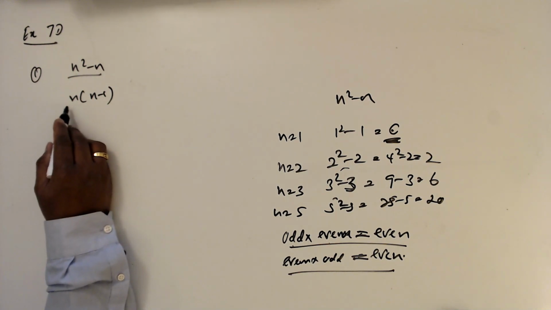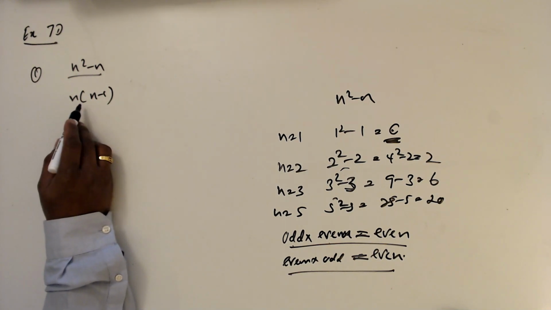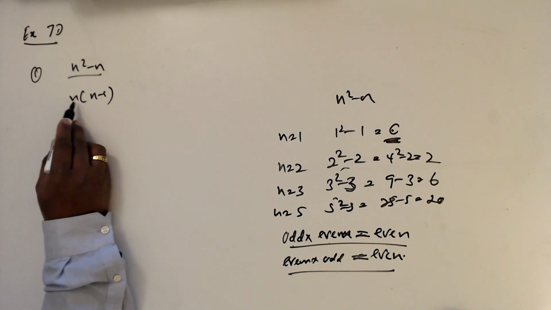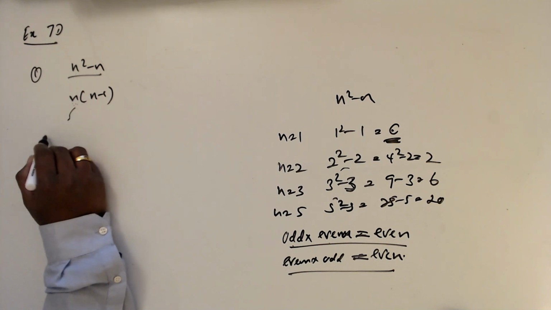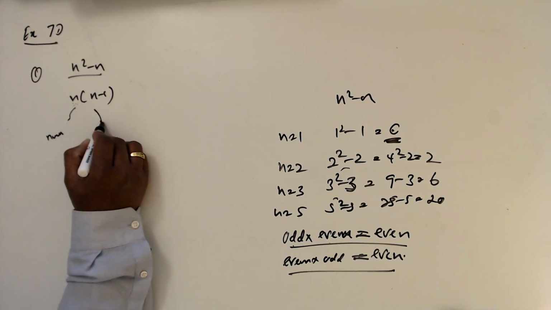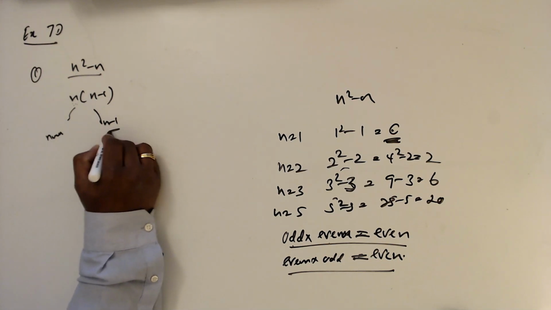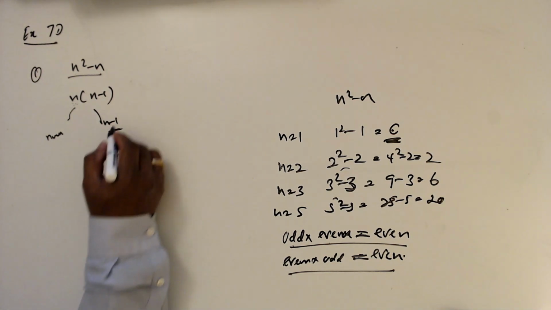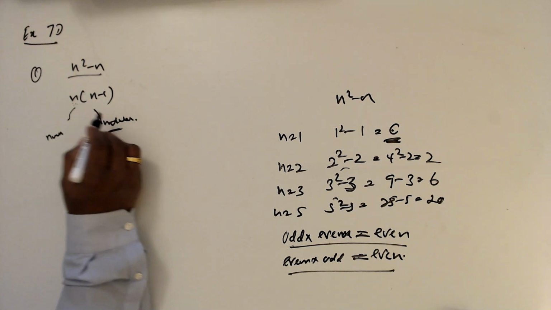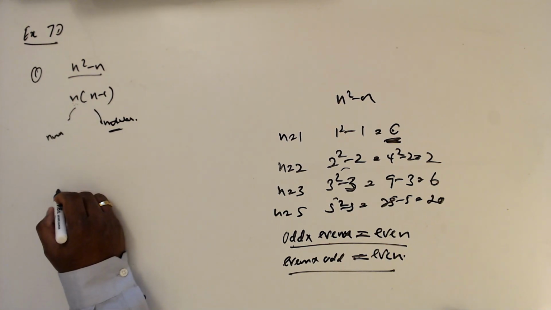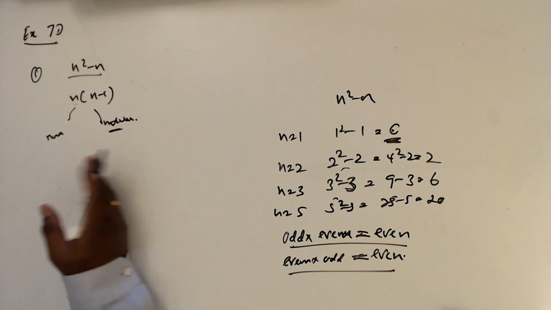Now, how about this argument? This is a multiplication of two numbers. n is a number, n minus 1 is a number. So this is a multiplication of two numbers. Okay, what do you know about this?